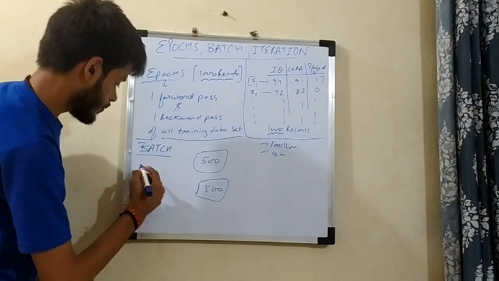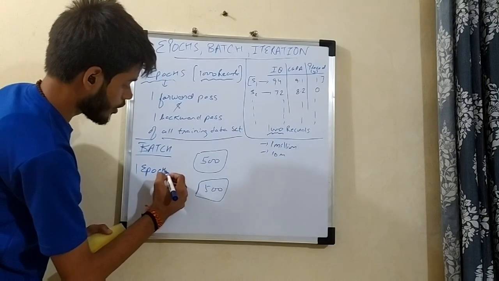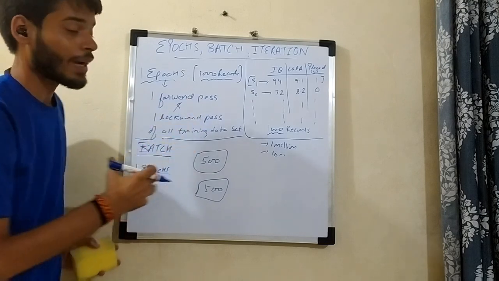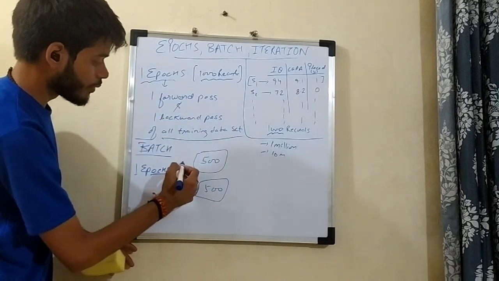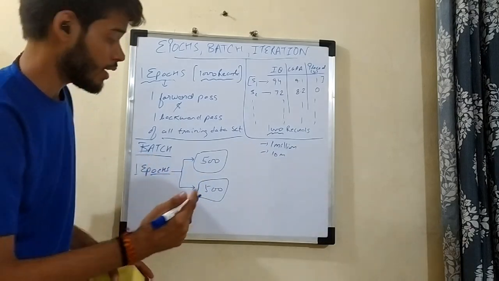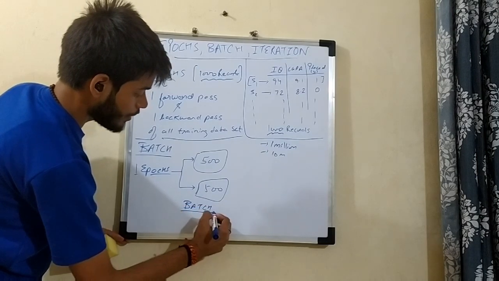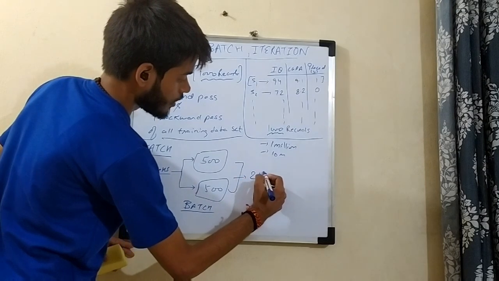For performing one epoch, you need to do forward propagation and backward propagation on the entire data set. So for completing one epoch, you will need this 500 and this 500 as well, which are batches. For performing these batches, we have to do two iterations, right?